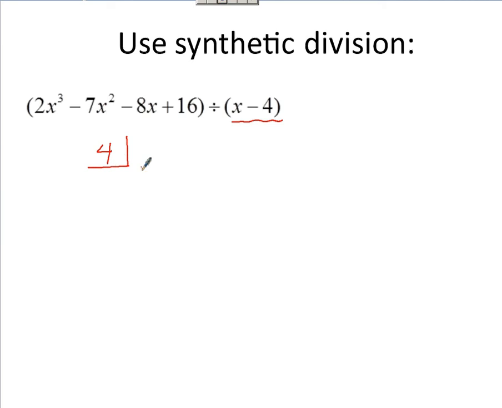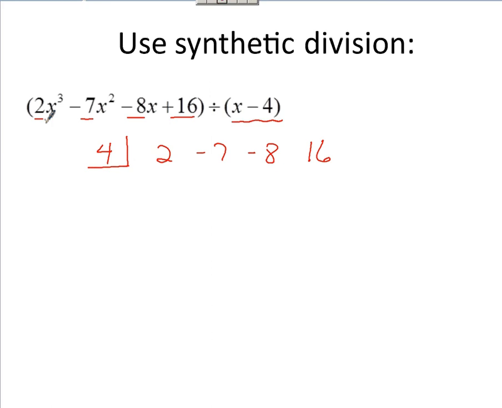Okay, next to this box, we're going to spell out a row of numbers. That row of numbers is going to consist of all the coefficients from the polynomial we're dividing into. So coefficients would be 2, -7, -8, and 16. And it's important to note here that you got to make sure every term is represented.